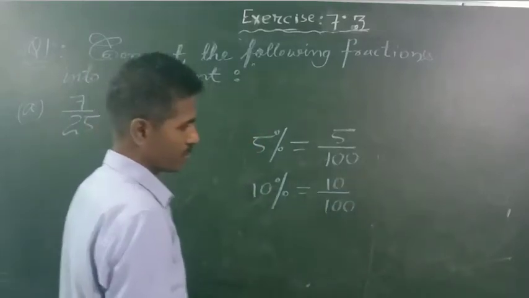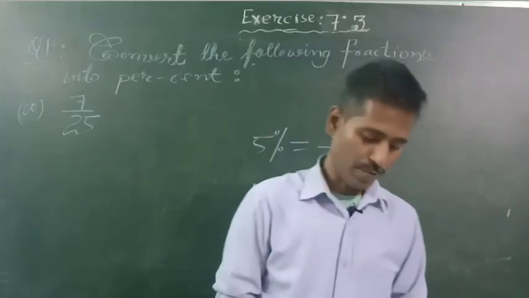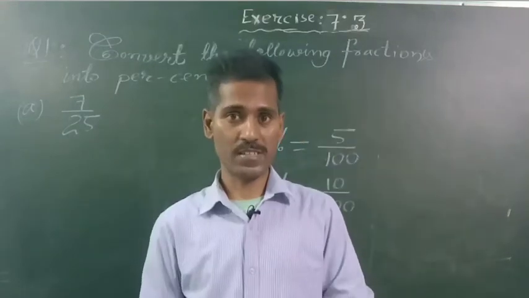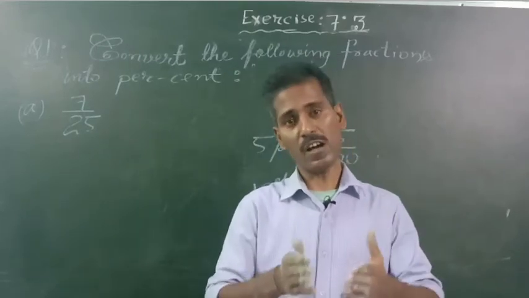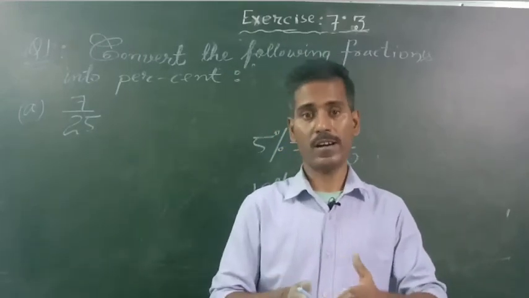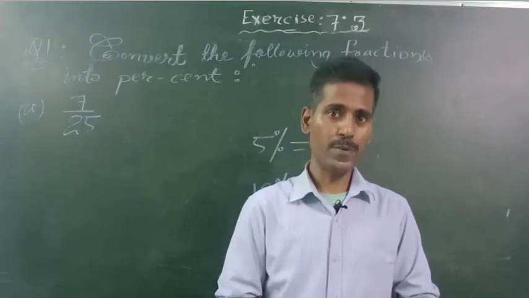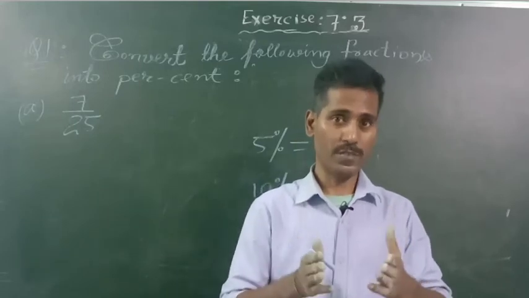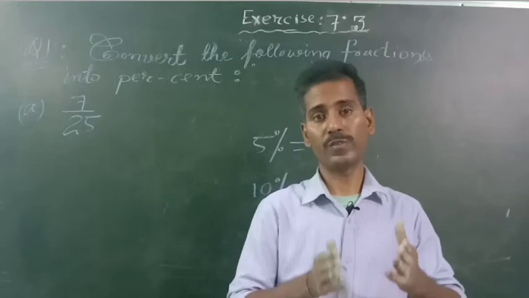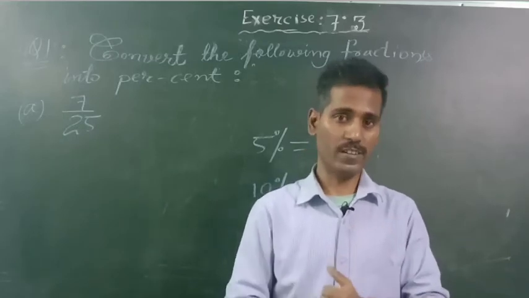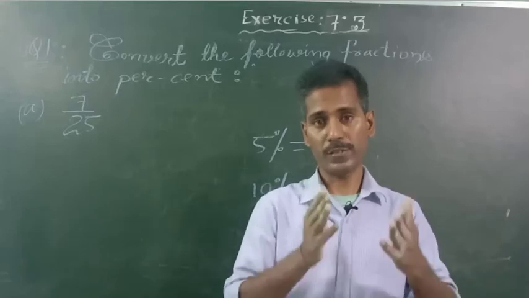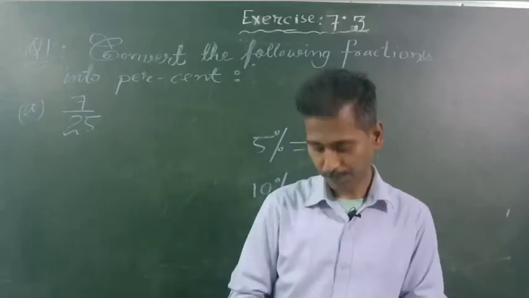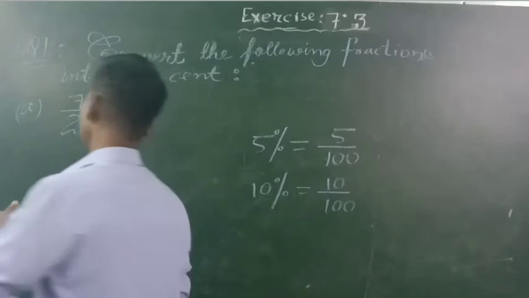That means if I say 60% students passed, what will we understand? 60% pass means 60 out of 100. 50% means half, 50 out of 100. 25% means 1/4, 25 out of 100. So let us solve it.